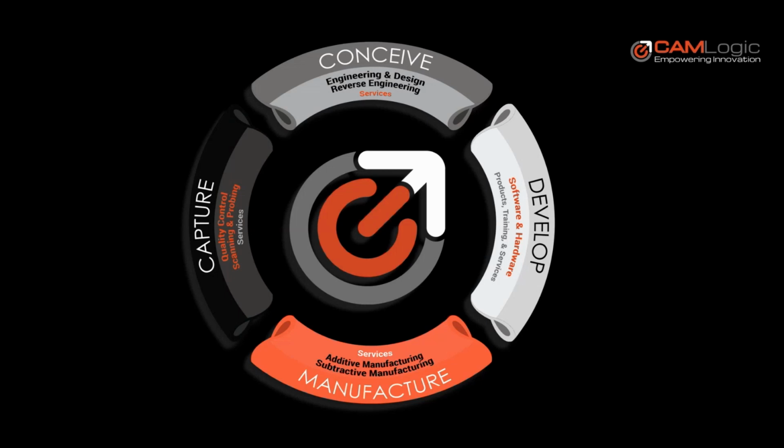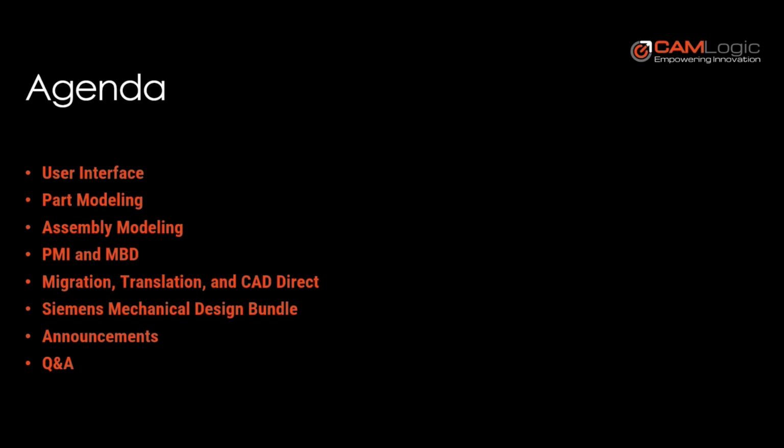Now, I know everybody's super excited to check out these new functions and enhancements in Solid Edge. So let me just run through the agenda real quick, and then I will hand things over to Jason. Some of the topics we are going to be talking about today include user interface, part modeling, assembly modeling, PMI and MBD, migration translation, and CAD Direct, Siemens Mechanical Design Bundle.